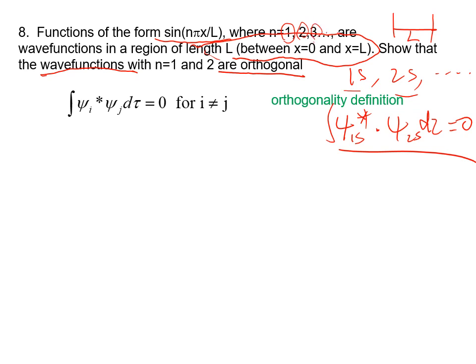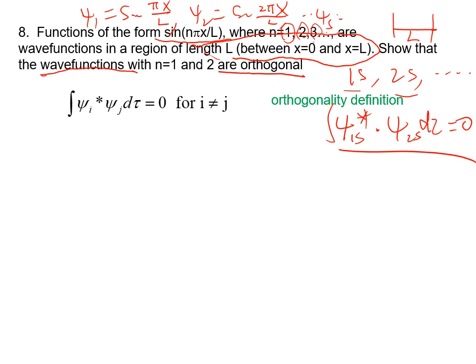So the first wave function is sine pi x divided by L, and the second one is sine 2 pi x divided by L, and then the third is when n equals 3. So you have an infinite number of solutions.